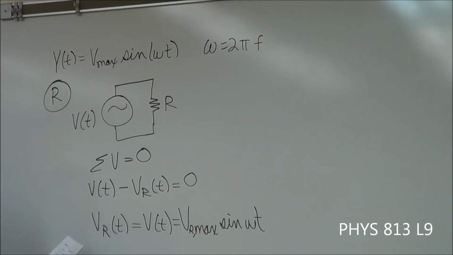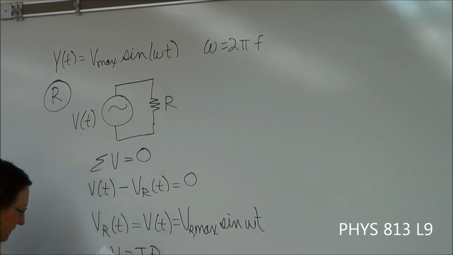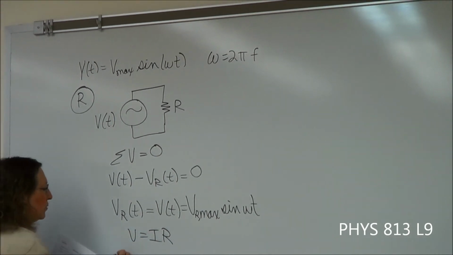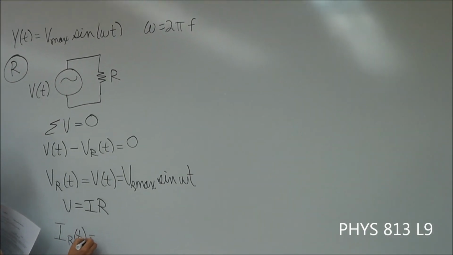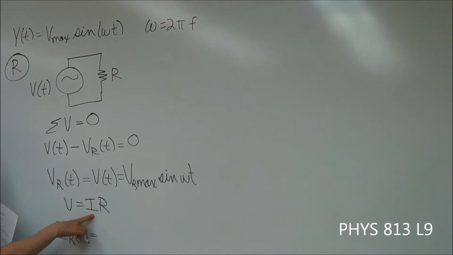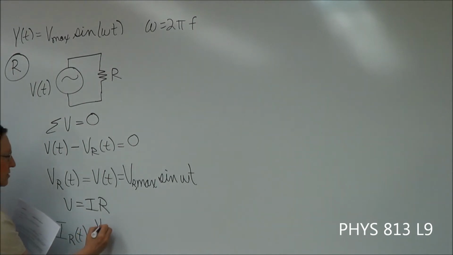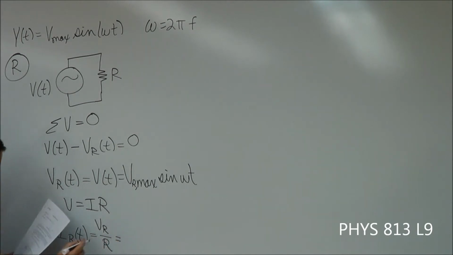Now, in step 3, we can use Ohm's law. V is equal to IR. So we can find the resistance, the current, through the resistor as a function of time. So the current is going to be the voltage divided by the resistance.